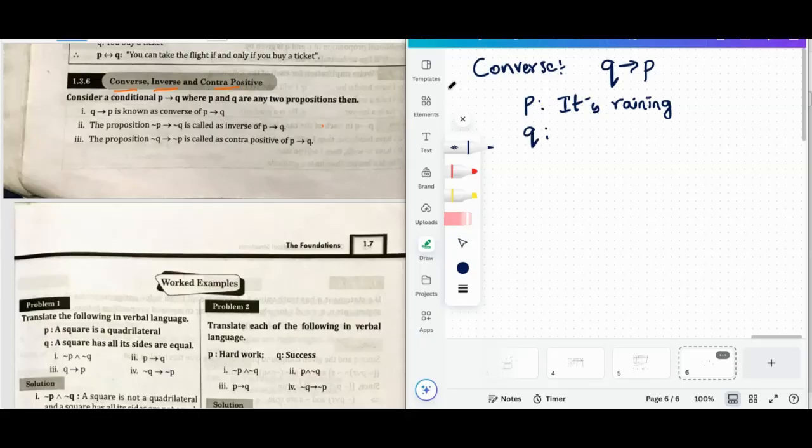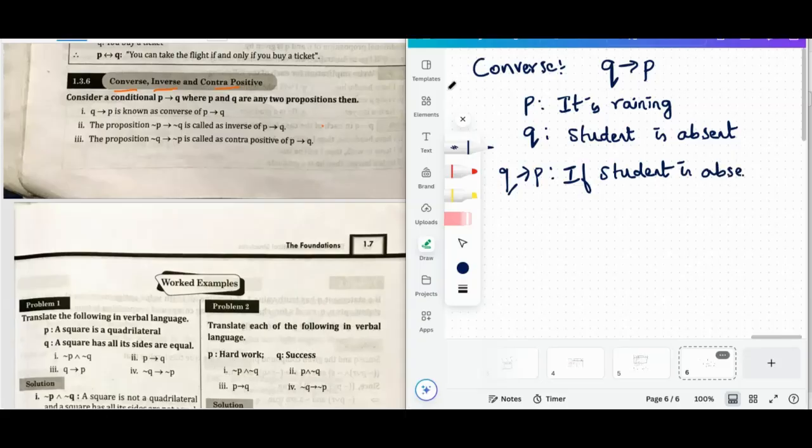Q, student is absent. Then Q implies P: if student is absent, then it is raining will be the answer. It is called the converse of the given statement.